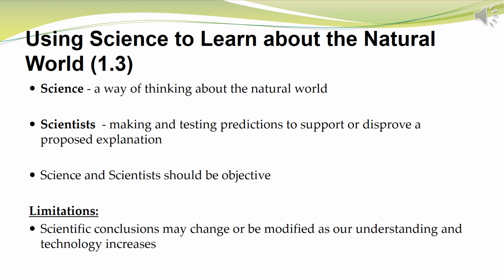Science and scientists should be objective or have some sort of end goal in mind, is what I mean here. There are, of course, some limitations. Scientific conclusions may change or be modified as our understanding and technology increases, of course.